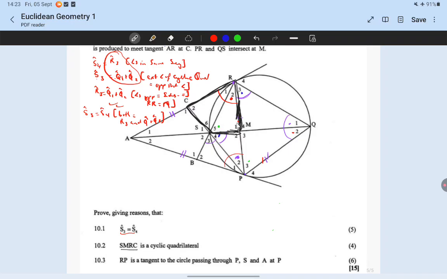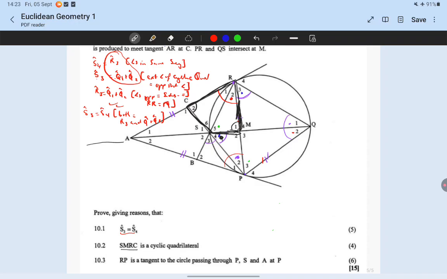Or we can prove that this angle plus this angle, C2 plus this, is equal to 180. It will make it a cyclic quad. Or we can prove the exterior angle. So what is the exterior angle of this triangle? This S4, it is exterior to R1 plus R2.